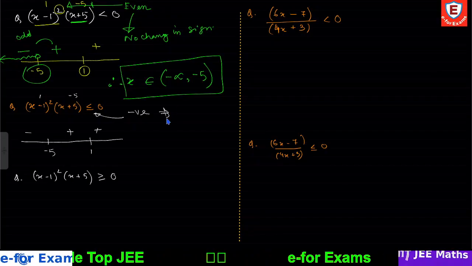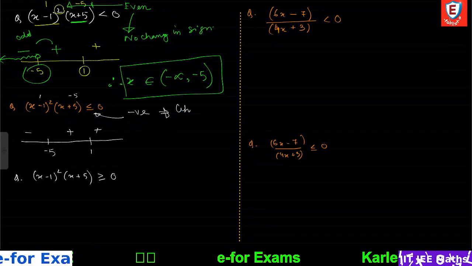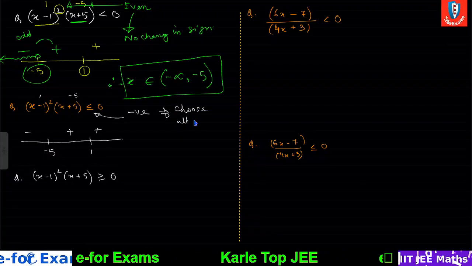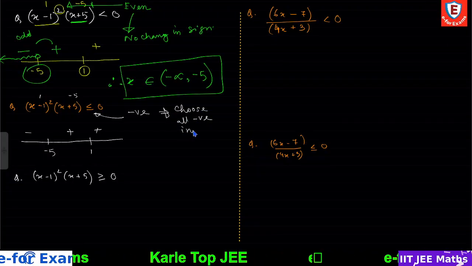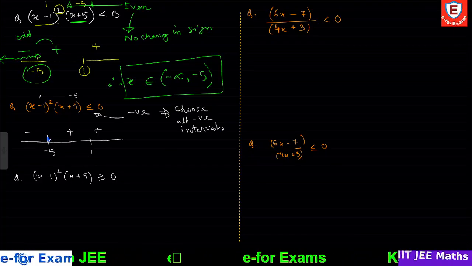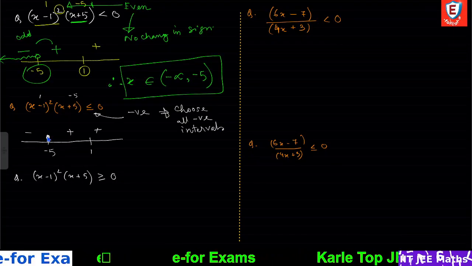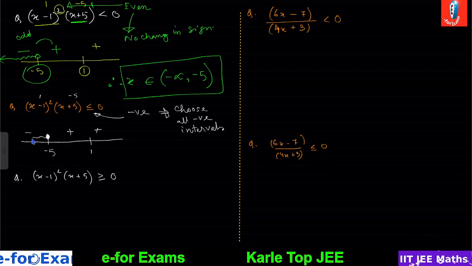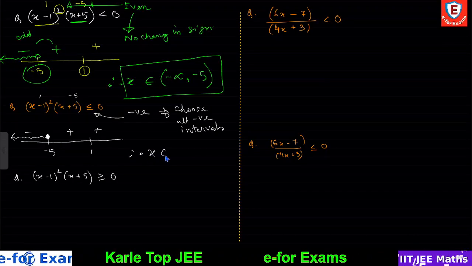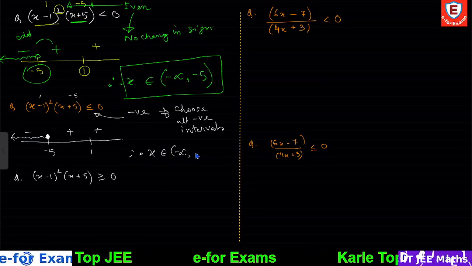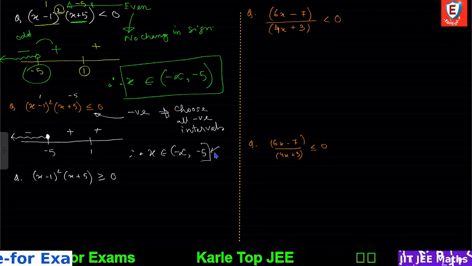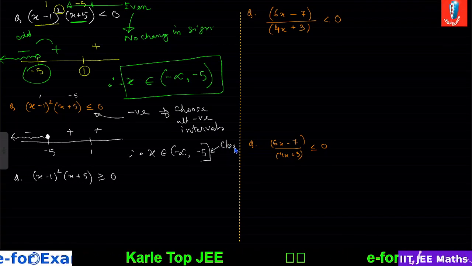This implies choose all negative intervals. Negative interval is here. So here, instead of hollow, I will use a dark circle, up to minus infinity. Therefore, x belongs to minus infinity comma minus 5. It will be included here. Here it will be a close bracket.